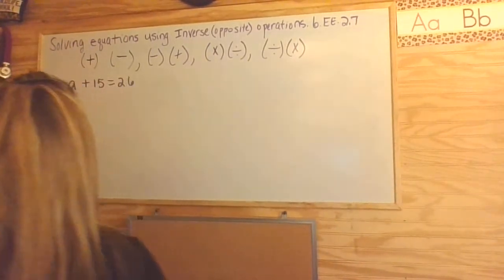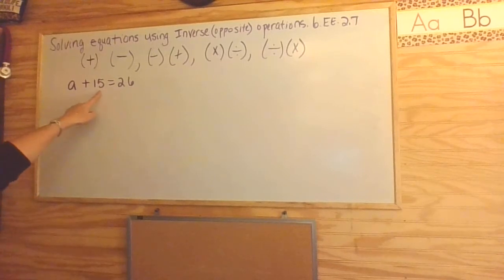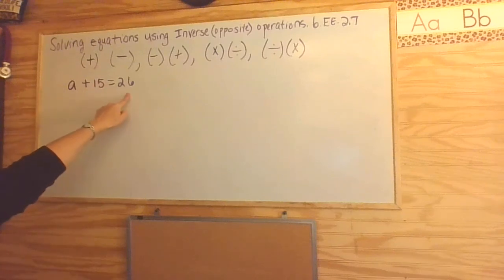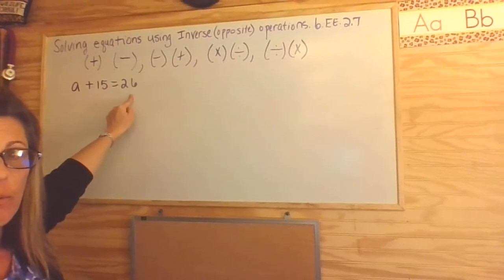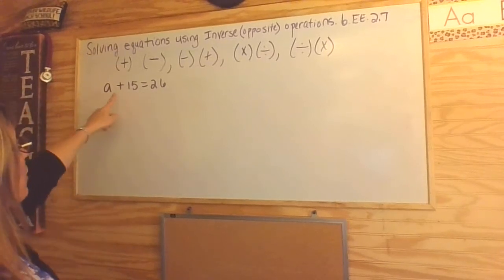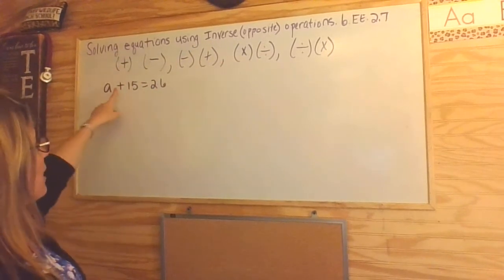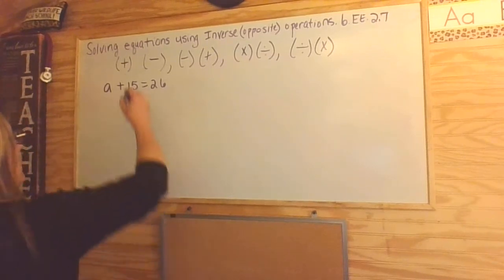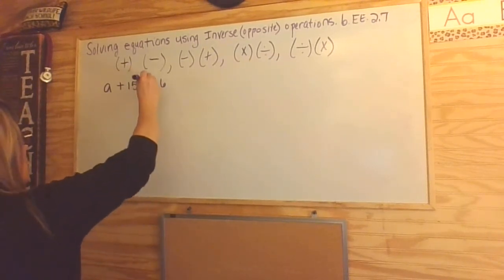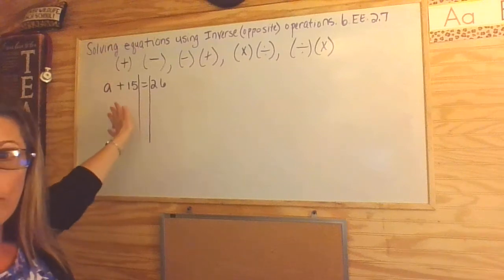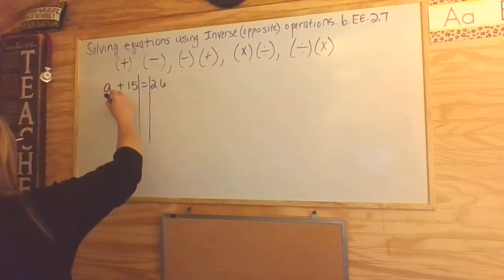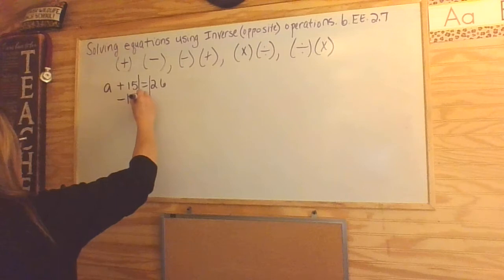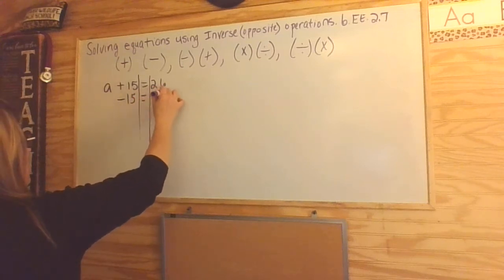So if I'm looking at this, I know that I'm adding 15 to this a, whatever a is, and it must equal 26 in order for this to be an equal equation. So in order to do the inverse operation, I must subtract 15 from both sides of this equation. In order for it to stay equal, whatever I do to one side, I must do to the other. So I'm going to subtract 15 from both sides.